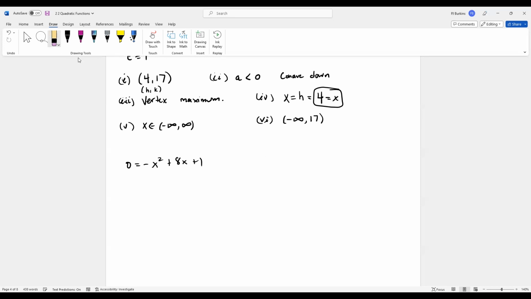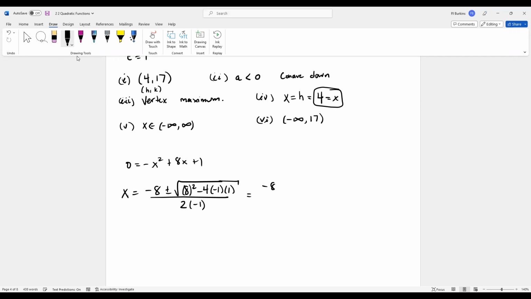Okay, so I have x equals the opposite of b, so -8 plus or minus the square root. Right, so then we need b squared, so that's going to be 8 squared minus 4 times a times c, all divided by 2 times a, which is -1.